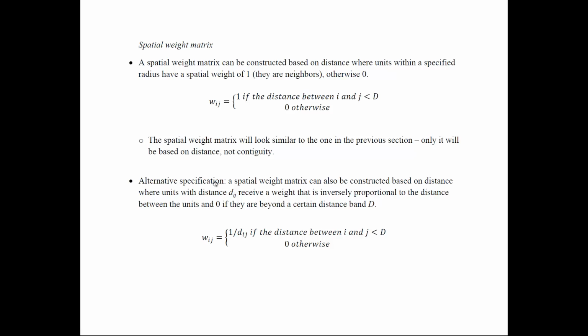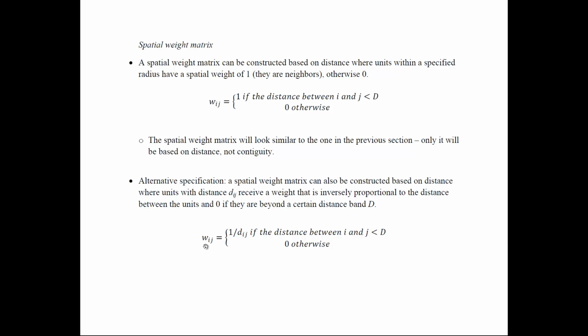Now we have an alternative specification where the spatial weight matrix can be constructed based on distance, where this distance dij would receive a weight that's inversely proportional to the distance between the units, and 0 if they're beyond a certain distance band.